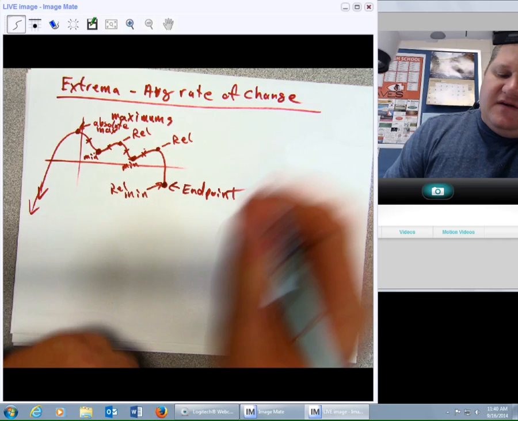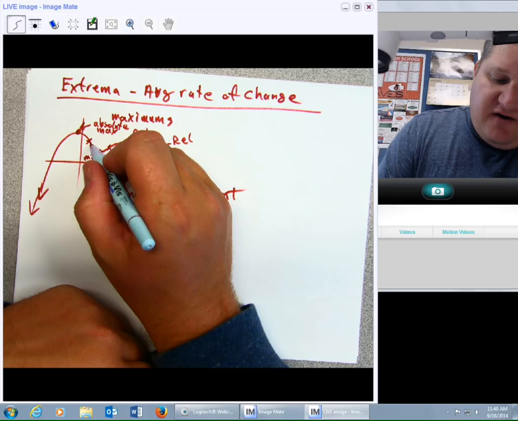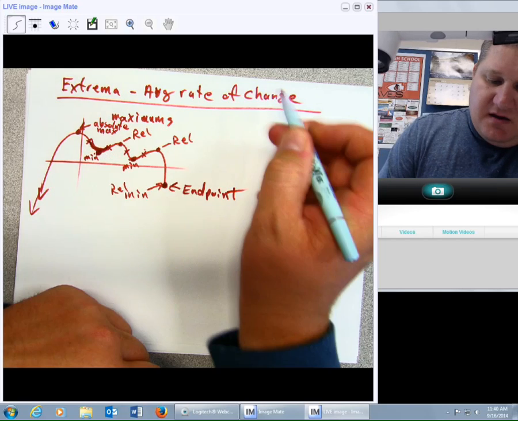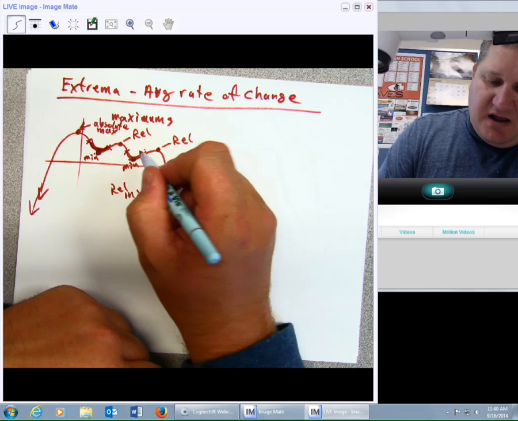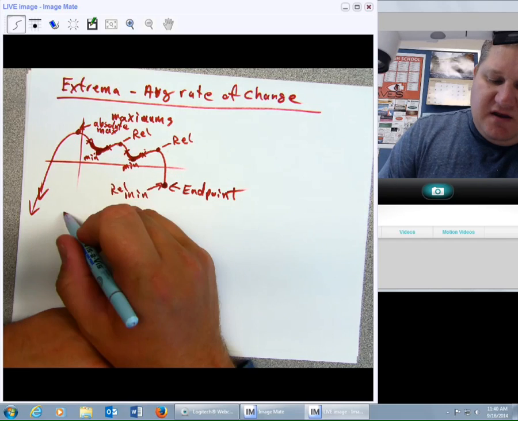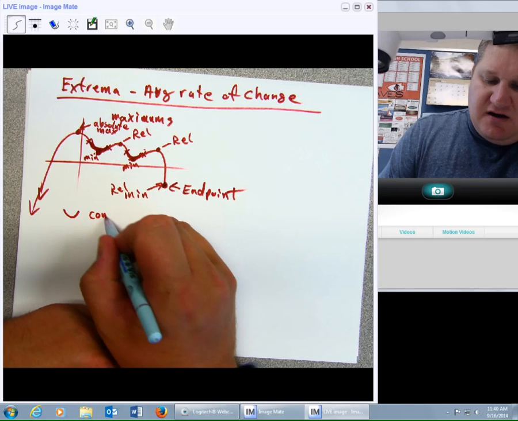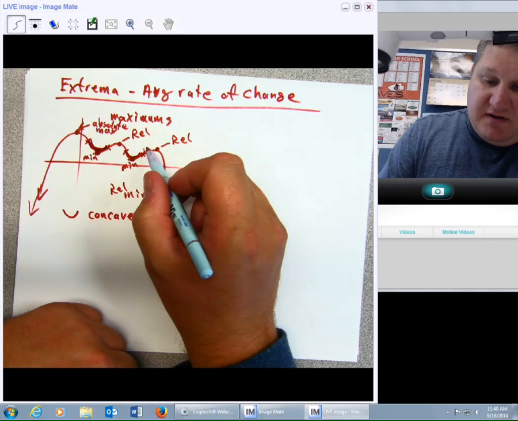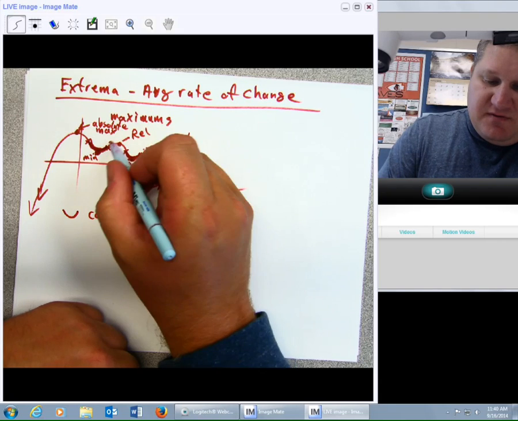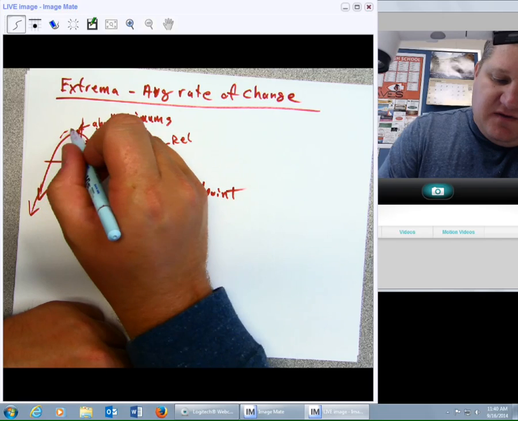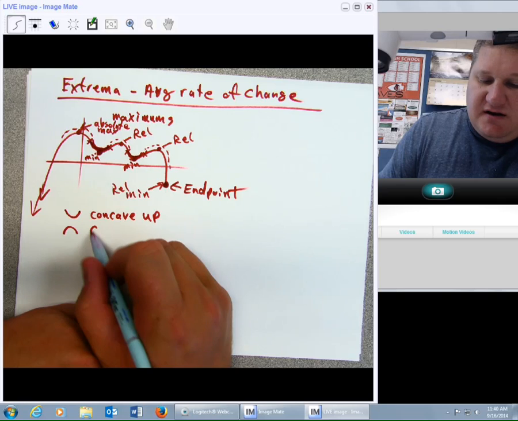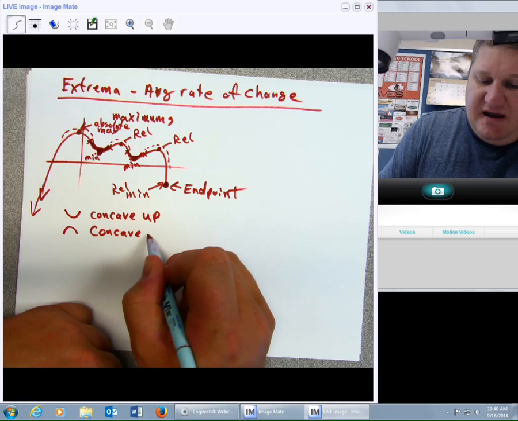And in this case, the graph between the two curves up. Here the graph curves up like a bowl. So if you have a shape like this, we call that concave up. On the other hand, we have this portion here, this portion here, and this portion here. Those are upside down, so we call that concave down.